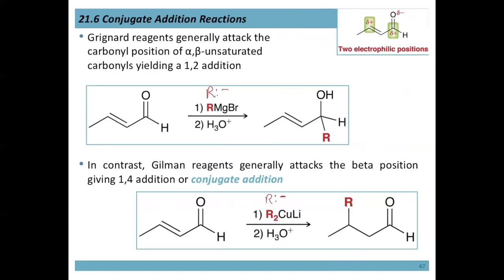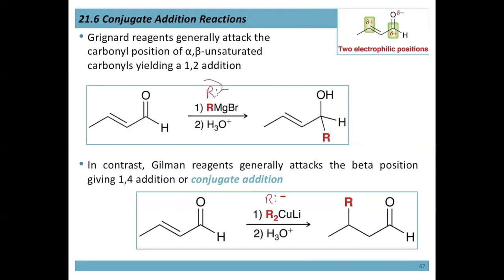The mechanism's actually a lot more complex, but for our understanding, we can just view them as the carbon attached to these metals, either magnesium or copper, which are less electronegative, so carbon pulls electrons away from those metals, and it becomes the nucleophile.